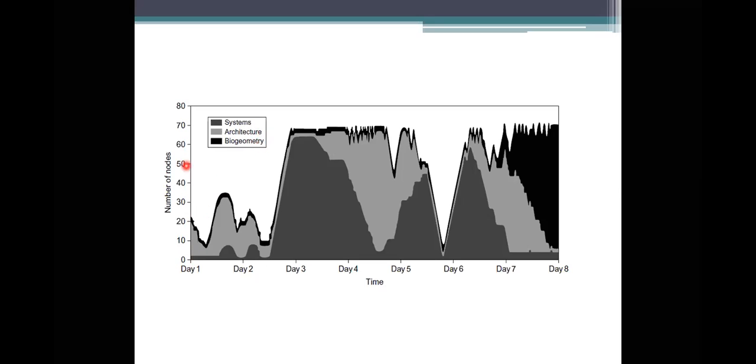The number of nodes taken is 80 nodes, meaning for a cluster you are using 80 different systems, which may have the same or different behavior. On day one, the biogeometry environment is using more than 20 systems, and gradually by day 2 it is using only 21, though it has taken the peak as 35. When processing with these biogeometry systems, they use their nodes high and low based on conditions. By the middle of the day, it is using fewer than 10 systems to process, and the remaining systems are simply sitting idle and not using any resources.